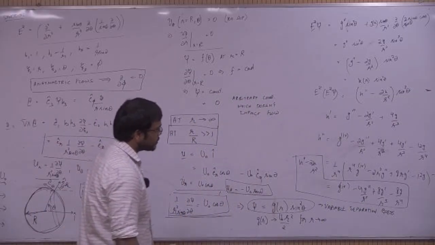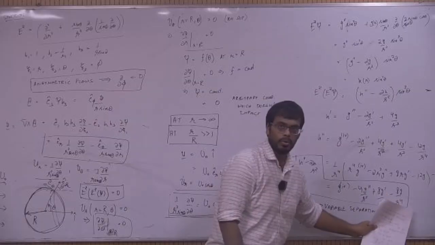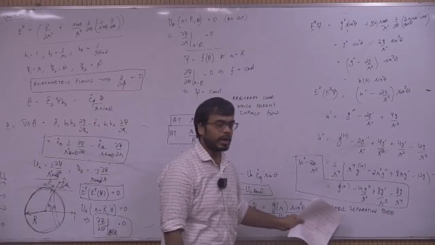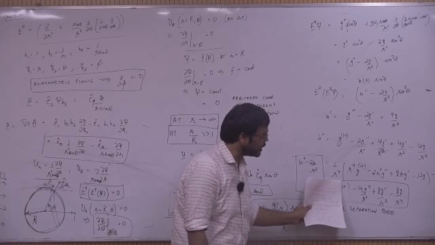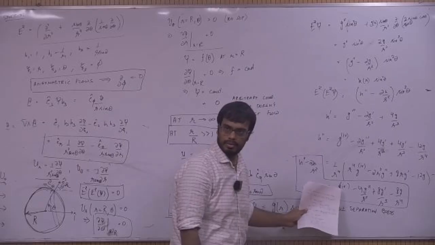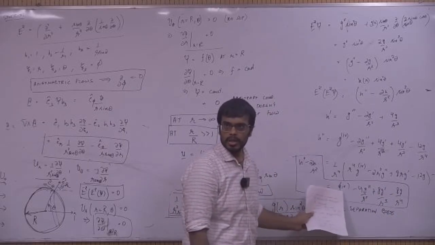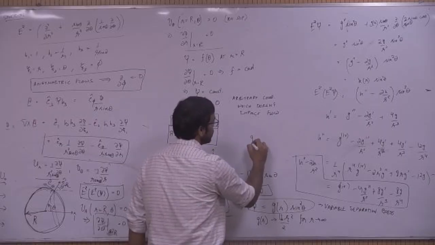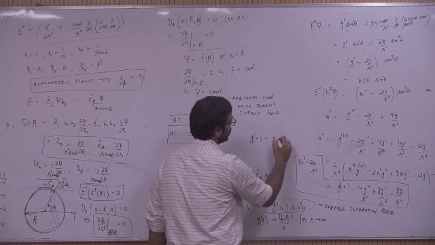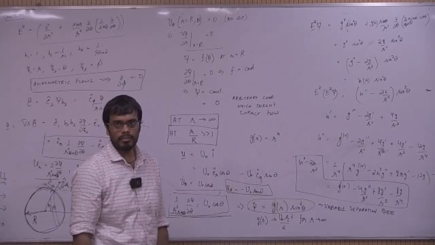The reason why I'm expanding this whole thing is because this looks like an equation that we know. Why do we know these kind of equations? Because if you look at it closely, the powers of r, the dimensions of r, are conserved throughout. This is the Euler-Cauchy equation. These kind of equations have a solution where you can simply assume g of r to be r to the power n and solve for possible values of n.